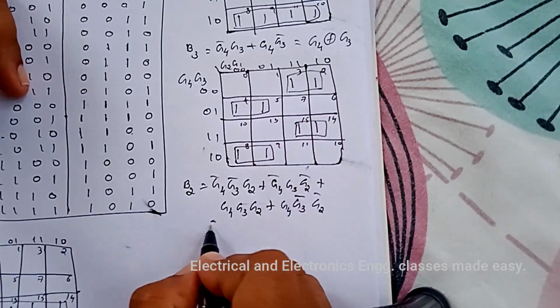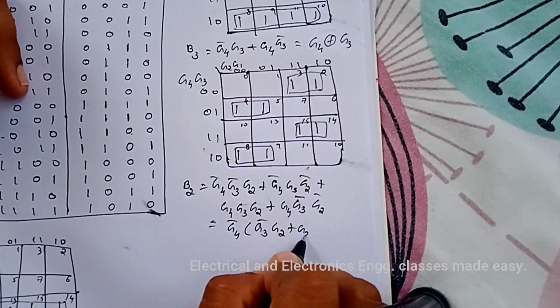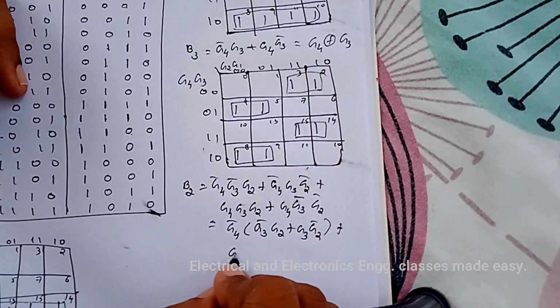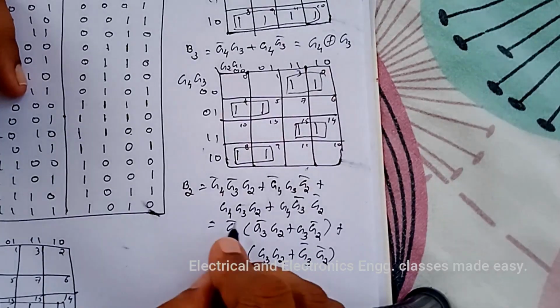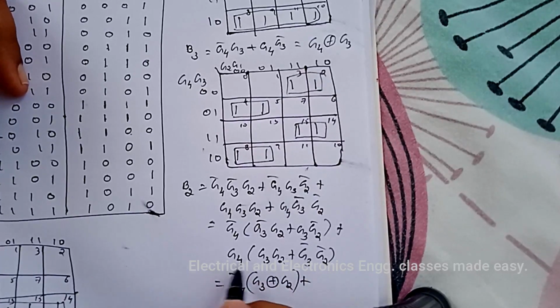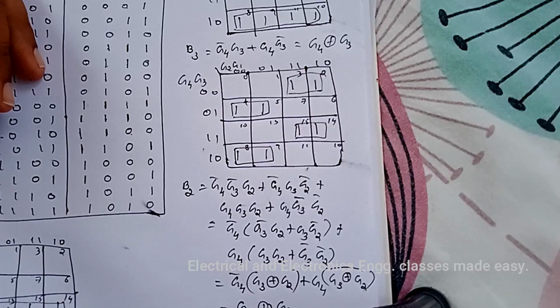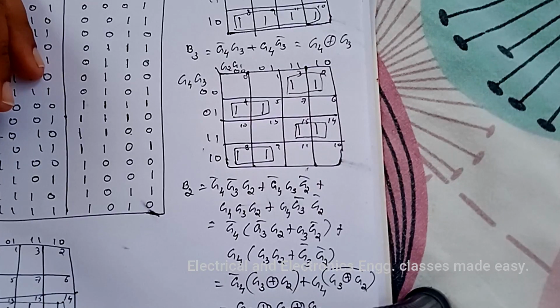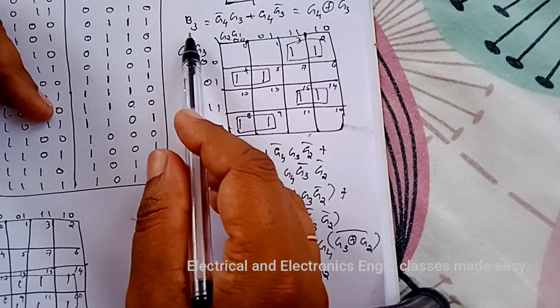and here G4 bar we can take outside, and G3 bar G2 plus G3 G2 bar, plus here also G4 we can take out, G3 G2 plus G3 bar G2 bar, and that is here G4 bar G3 XOR G2, plus this is G4 into G3 XOR G2 bar, and we can write G4 XOR G3 XOR G2, and G4 XOR G3, that is B3.